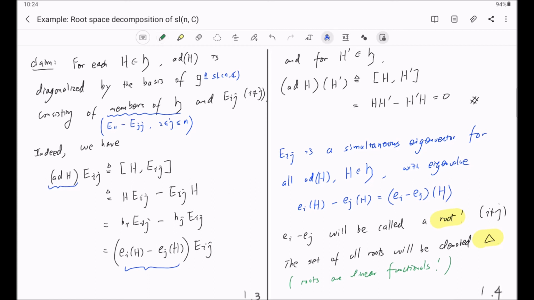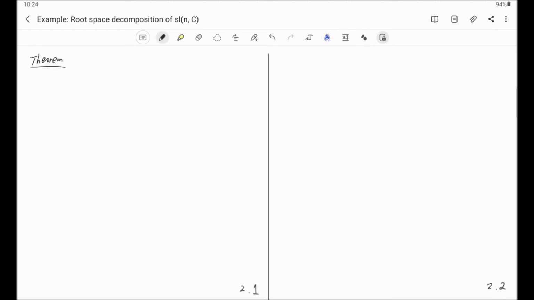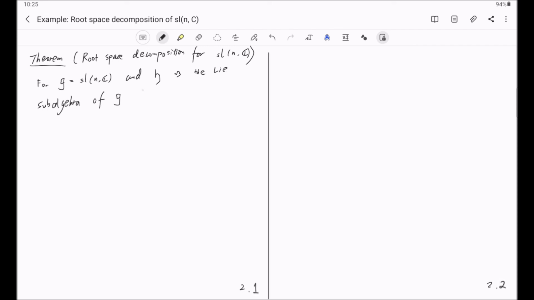And the reason that we are introducing roots is the following theorem, called the root space decomposition for SL_n(C), which states that for g equal to SL_n(C) and h the Lie subalgebra of g consisting of all diagonal matrices, we have the following decomposition of the Lie algebra g. g is a direct sum of h with a direct sum over all pairs i not equal to j of the one-dimensional complex linear space spanned by E_ij.